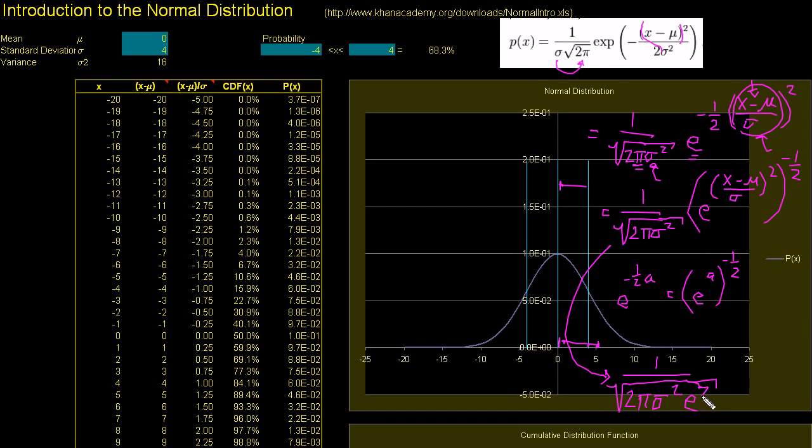If we say z is how many standard deviations we are from the mean, all of a sudden this becomes very clean: 2 pi times our variance times e to the number of standard deviations we are away from the mean, squared. You take the square root of that thing and invert it, and that's also the normal distribution.